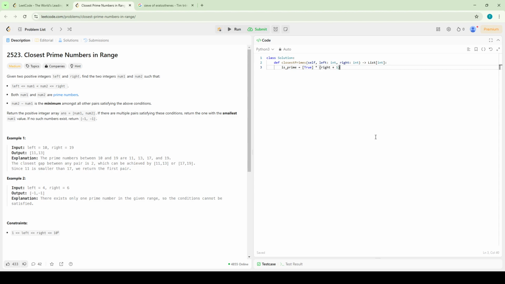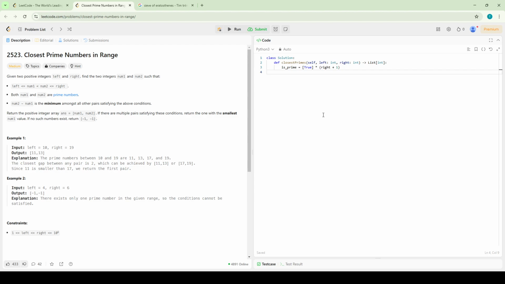Since the list is indexed from 0, we need to do right plus 1 so that we can reach the index right. If right is 3, I want each index to be equivalent to that specific number. If I just multiply true by right, it's only going to generate 3 entries, and the max index will be 2.